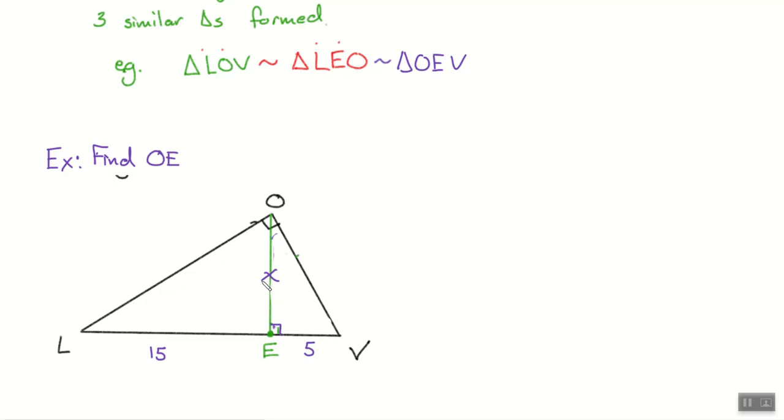Now, as I'm looking at these triangles, we've already decided they're all three what? Similar. Are there two triangles, based on the similarity statement from above, that both have the segment that we're after? Is there any of those three on which the segment we're trying to find is on both of them?